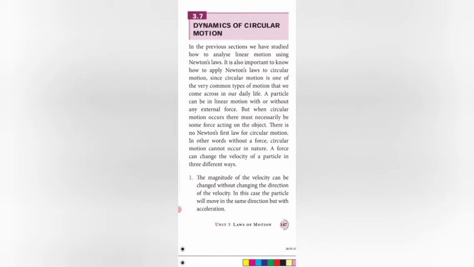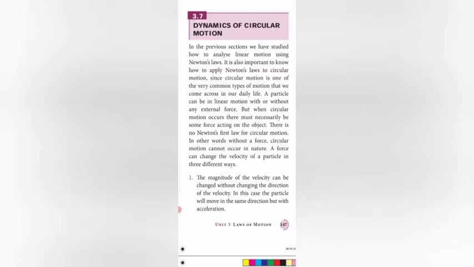The next thing: the magnitude is the same, but the direction is changing. It changes the direction, but it covers the same distance. So it is continuous, which means it is a uniform circular motion. And the third one, both change. The magnitude also changes, and the direction also changes. This possibility is known as non-uniform circular motion.